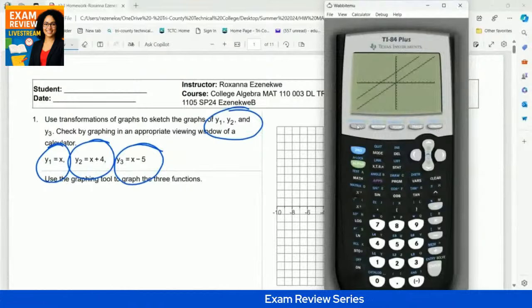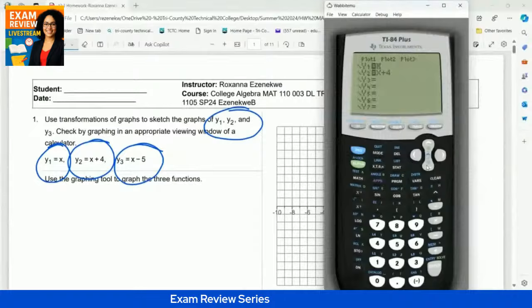And then I'll go back to my y function again, and I put in x minus 5, which is still a vertical translation, 5 units down. This should be a review for a lot of us.